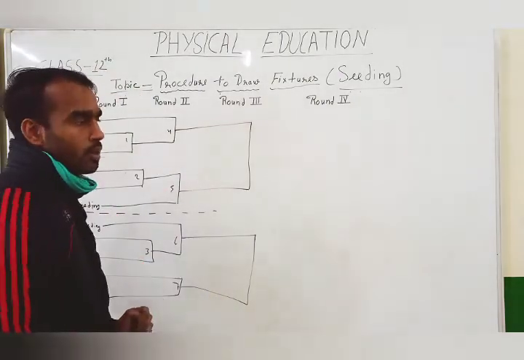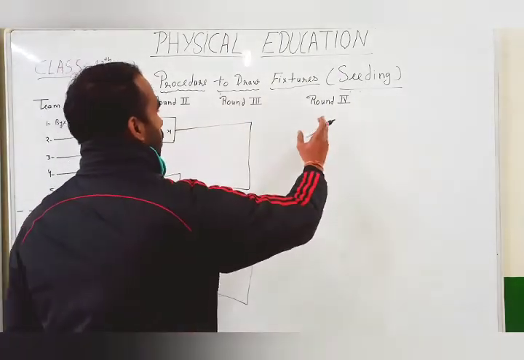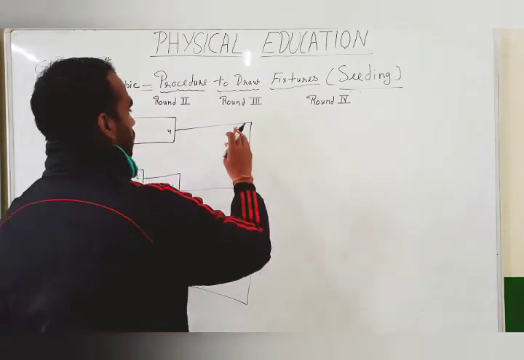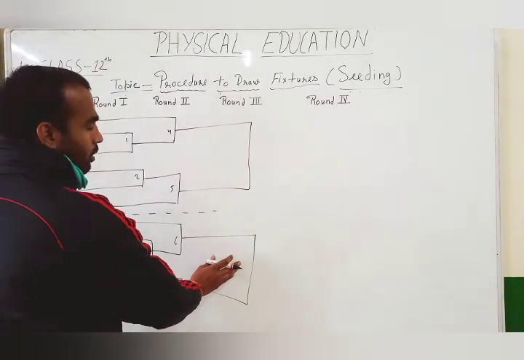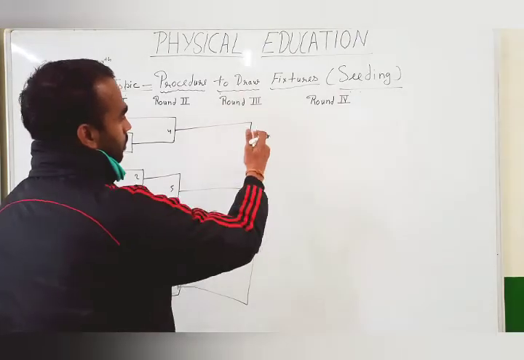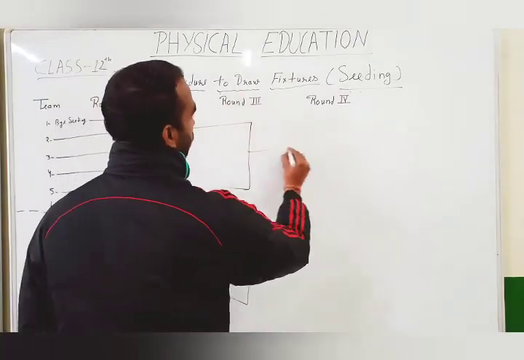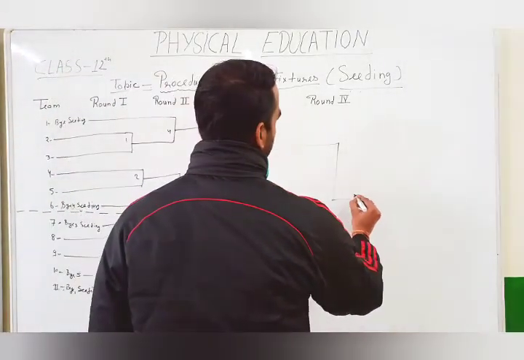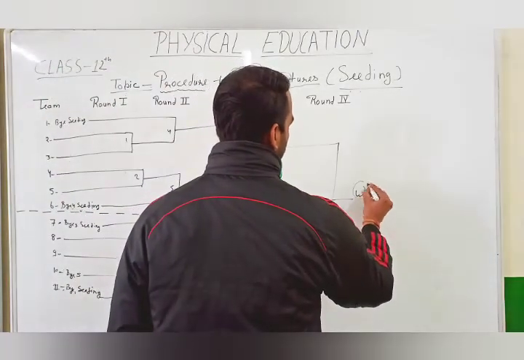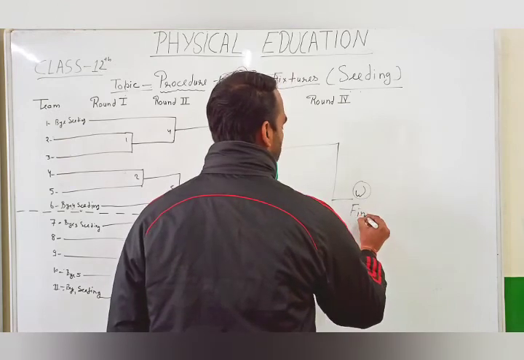Round 3 is complete. Now round 4: the winners of these two groups go to the final round. The winner is known as the champion of the final.